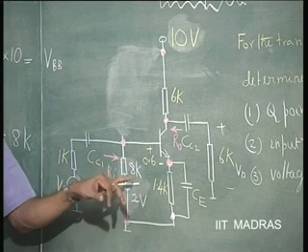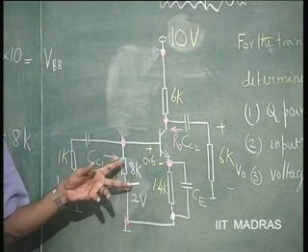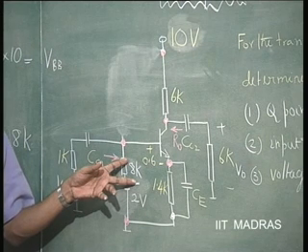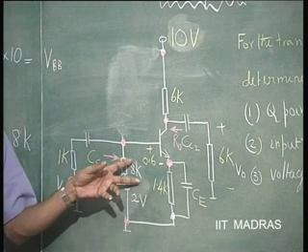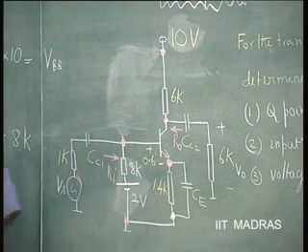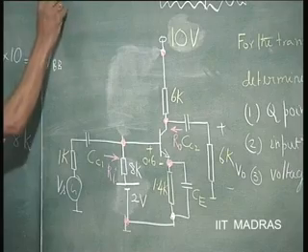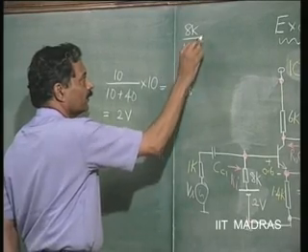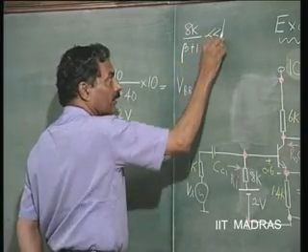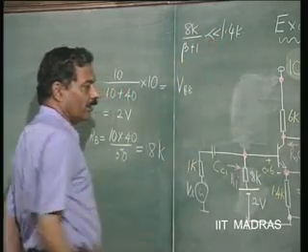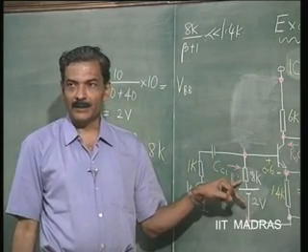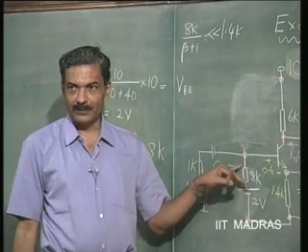We should in this case have an arrangement such that 8K divided by beta plus 1 should be much less than 1.4K, in order that we can neglect the DC drop that is occurring across 8K. This also we have seen.